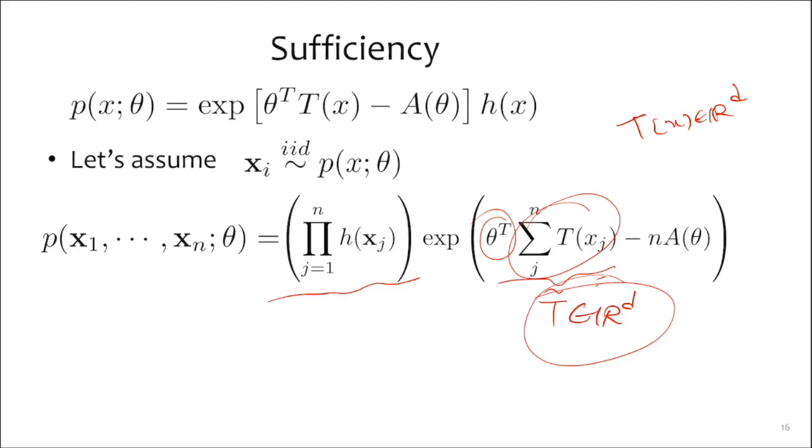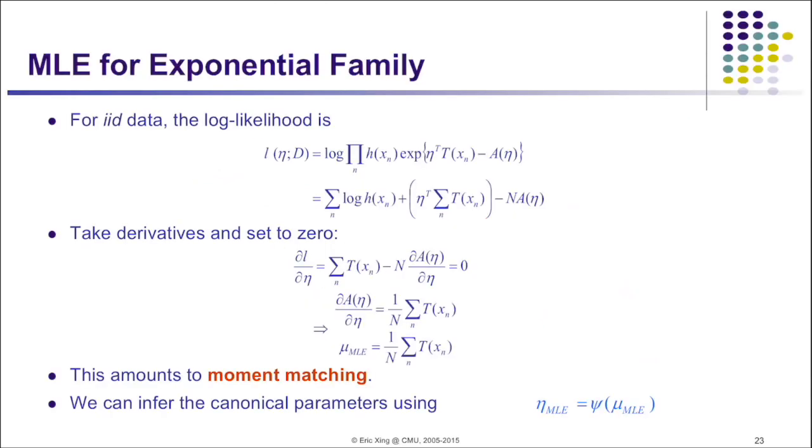Okay, so where is it useful? It is useful when you want to estimate the parameters theta from the data. So let's assume this is the data that you have, and you want to estimate theta of the distribution. The first thing that you would do is maximum likelihood estimation.